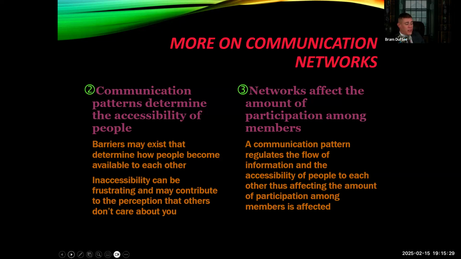So it's important to realize that the design of a communication network is something that directly regulates how much participation is possible. If you have a hierarchical type network, for example, it might be set up so that all of the decision making authority is at the top, and that decreases overall participation among the team members.